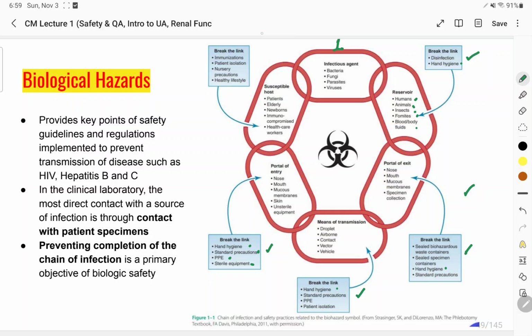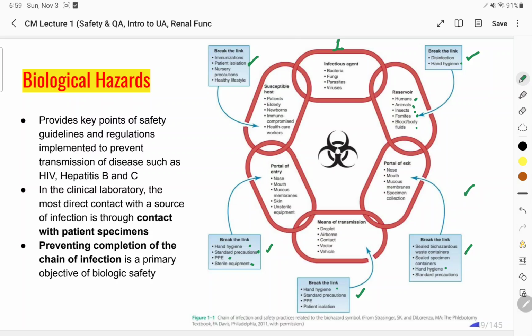And how do we break the chain of infection in our susceptible host? Of course, we advise immunizations so that it helps more, okay, to boost our immune system. And for example, for the newborns, there is a set of precautions observed in the nursery.